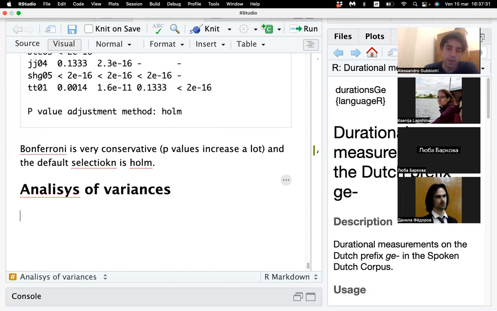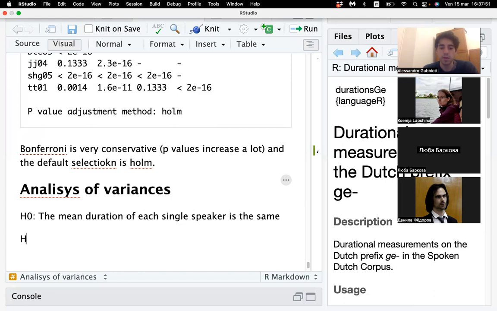So the null hypothesis will be that the mean duration of each single speaker is the same.